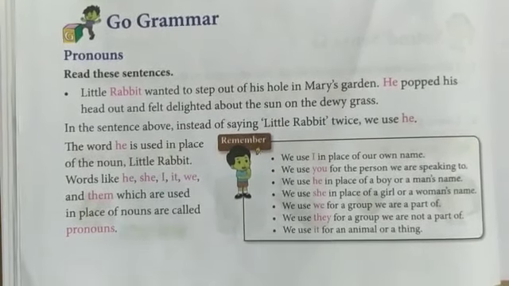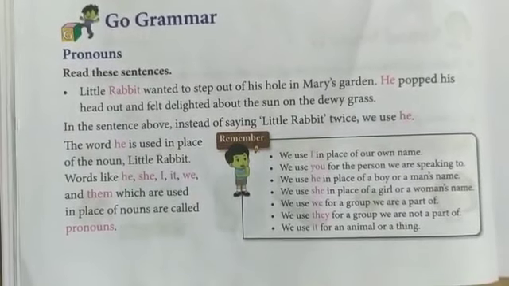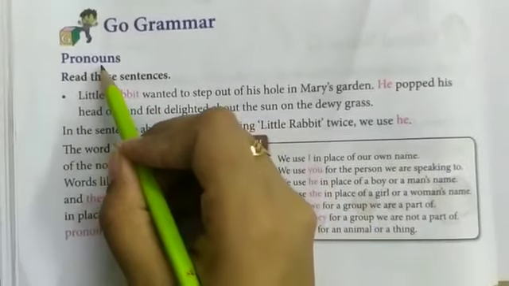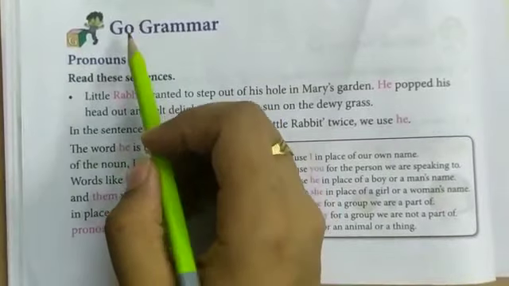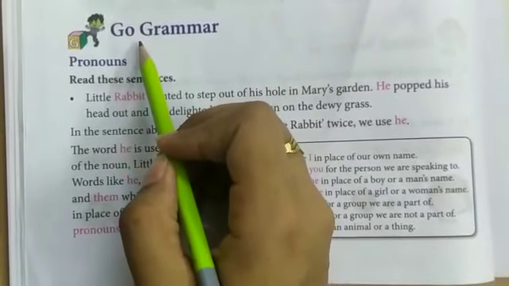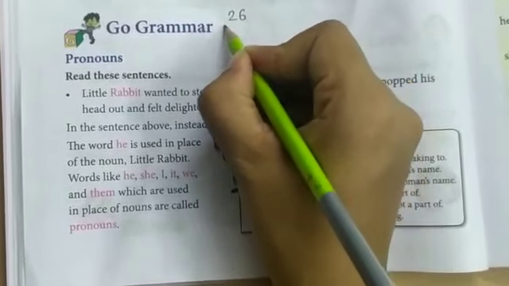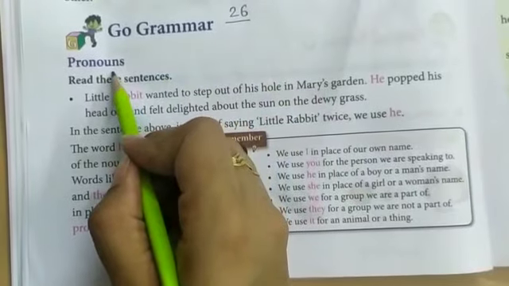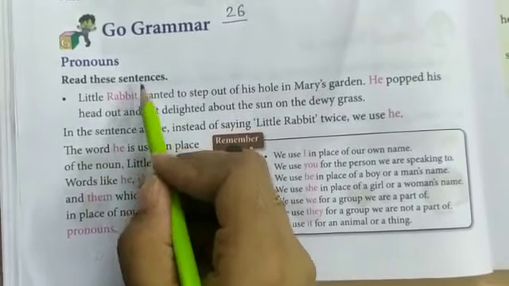Students, in this video we will learn a grammar topic that we are doing in our class these days, pronouns. This is on page number 26. Go Grammar, pronouns. Read these sentences.